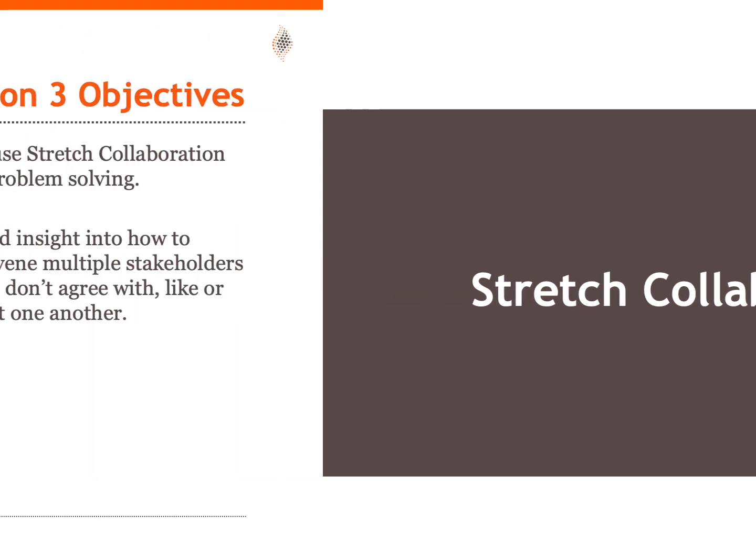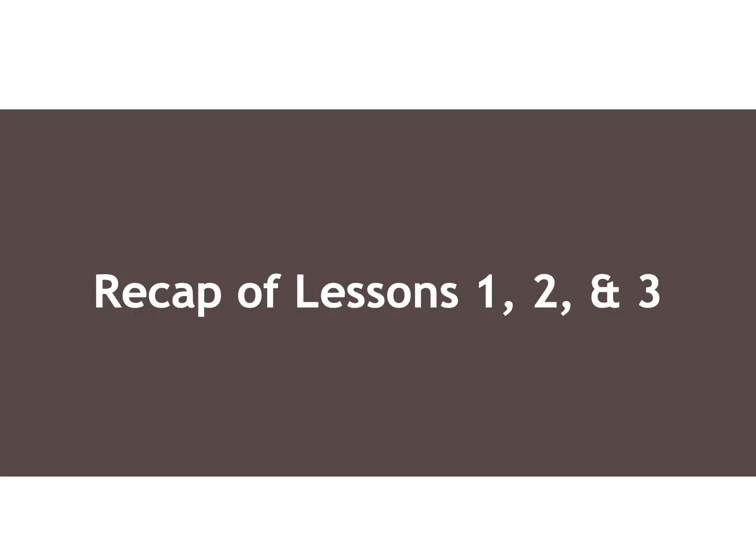And the stretch collaboration. So a quick recap of the first 2 lessons. Just a reminder that lesson 1 covered the definition and concepts of systems thinking and introduced the tool of the systems map, which we'll come back to today.